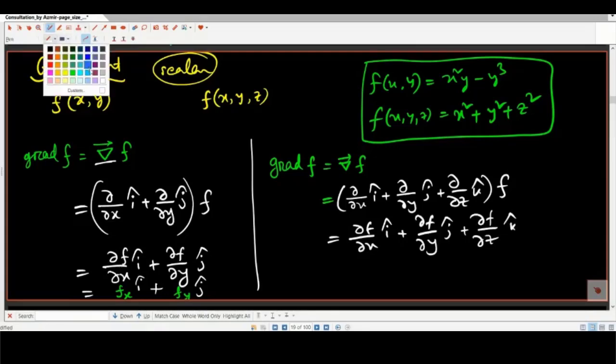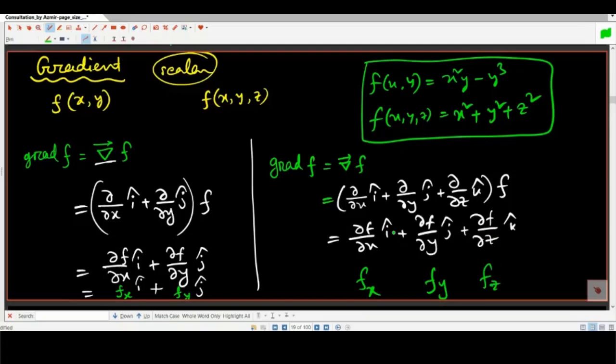So we understand that ∂f/∂x is f sub x, ∂f/∂y is f sub y, ∂f/∂z is f sub z. So that means these are partial derivatives with i, j, and k.